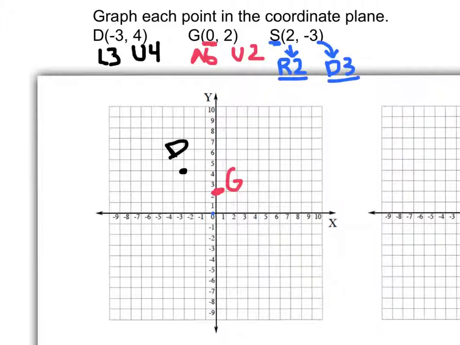So I need to start in the middle there, and I'm going to go right 1, 2, and then down 1, 2, 3. So right there, and I'm going to label that point S, and I'm going to erase my work here. Don't forget the letters as the labels. If you use the letters as the labels, you can just use one graph to graph all your points.